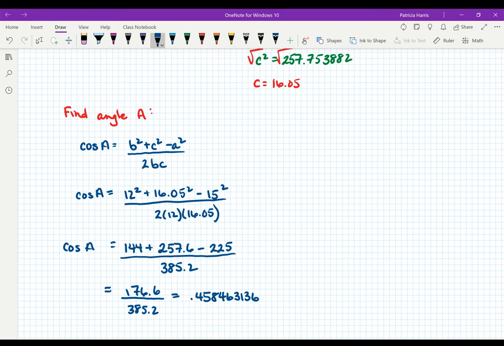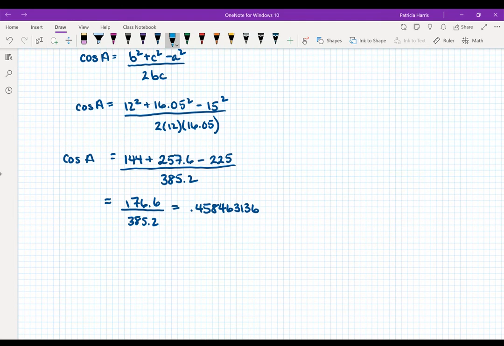Okay, so now I have to use cosine inverse.